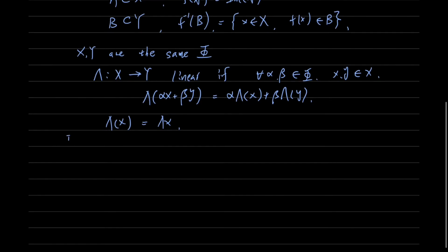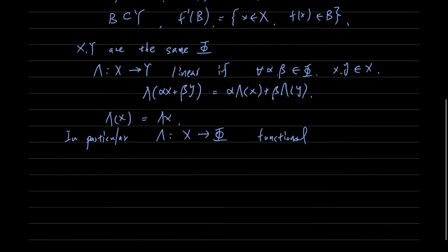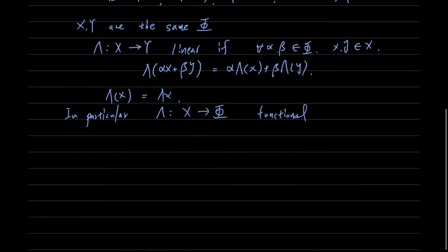And in particular, if the function lambda is from a vector space to the scalar field it is over, this is called a functional. It's just a fancy name for this special function. By linear functional, it means that it is linear and its image is a scalar field.